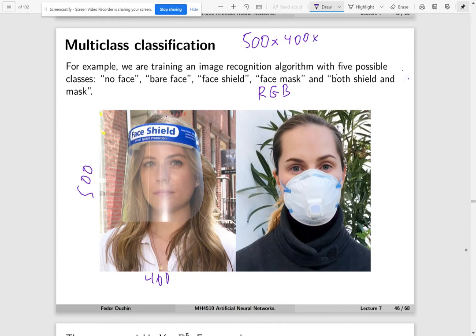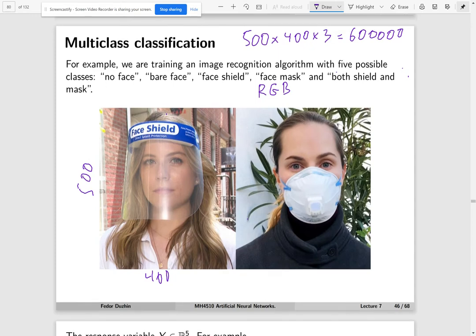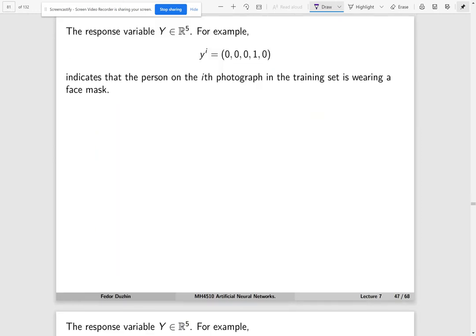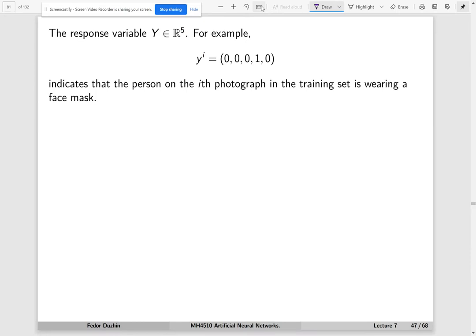So it's going to be 500 by 400 by 3, and this is 600,000, right? So if we work with images 500 by 400, which is actually not very large, then the input size is going to be 600,000. So what do we do in this case?